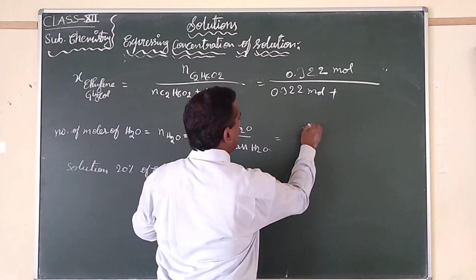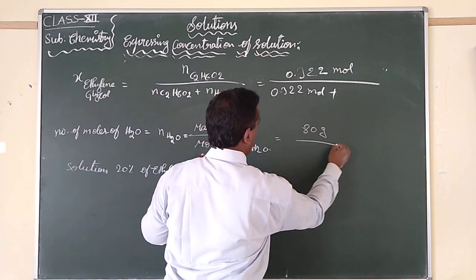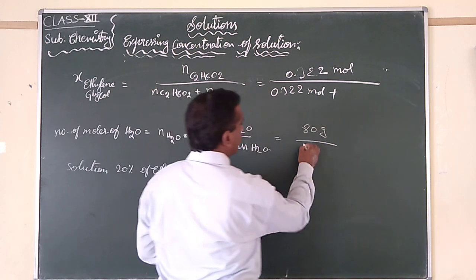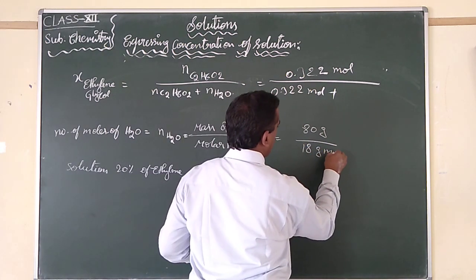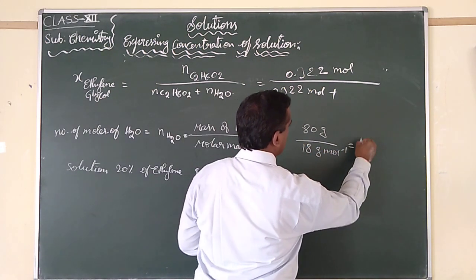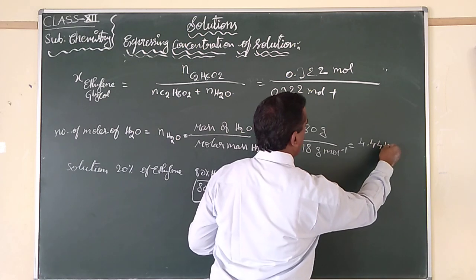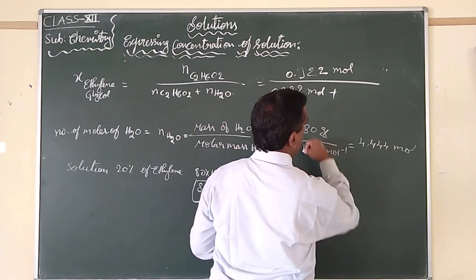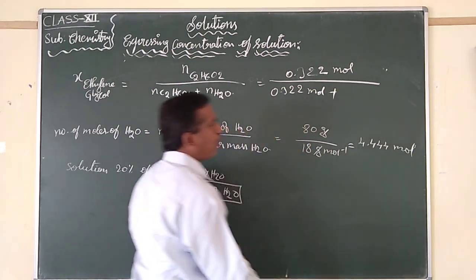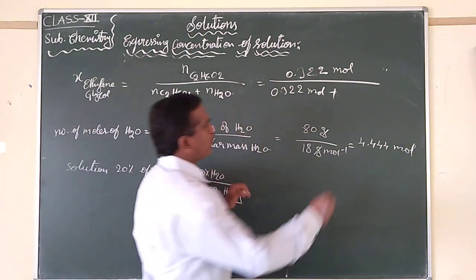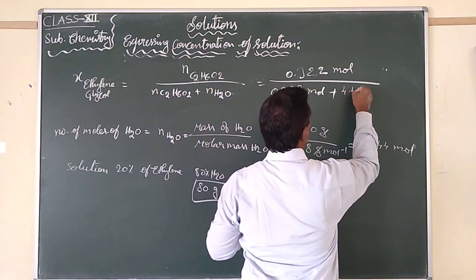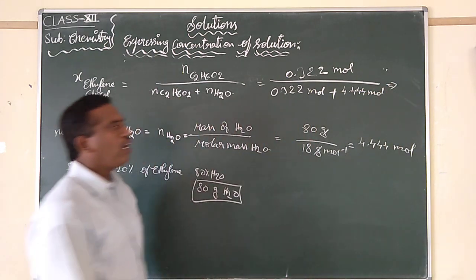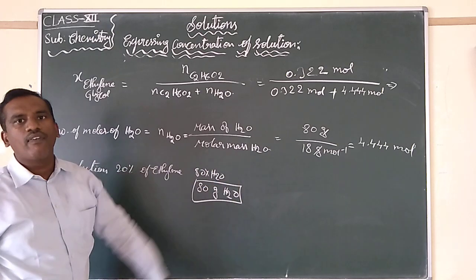So 80 grams of water by molar mass of water, 18 grams mole inverse. So it is around 4.44 moles. So substitute the value there, 4.44 moles is the number of moles of water.